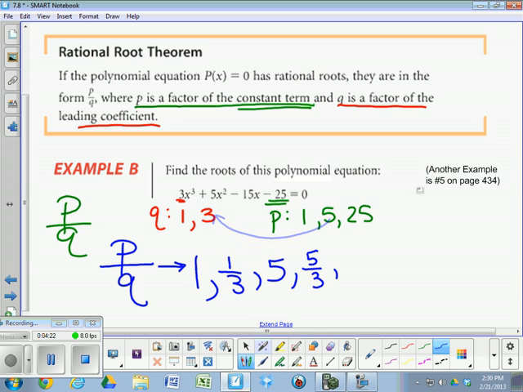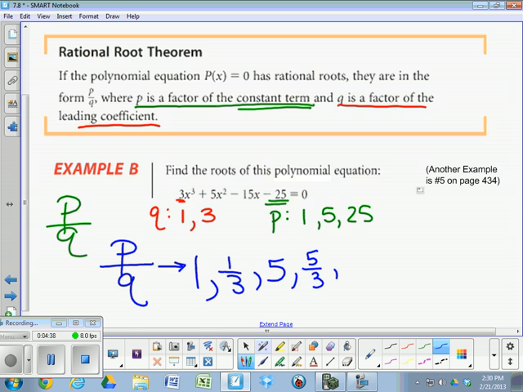It's possible that some of them could show up twice, and if they do, you don't have to list them twice. That would be like asking a person in one of those police lineups to stand in 2 places. That doesn't make sense, okay?